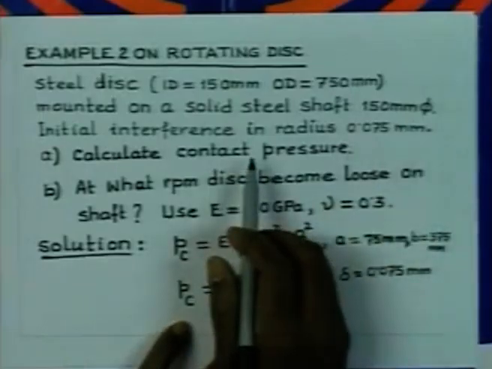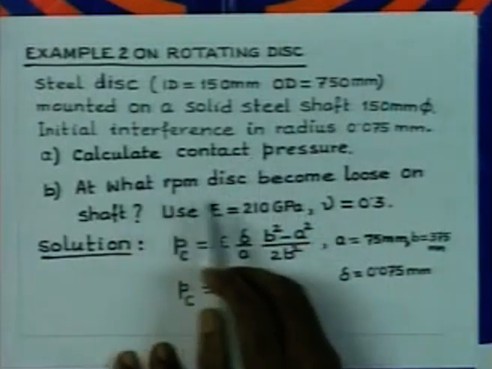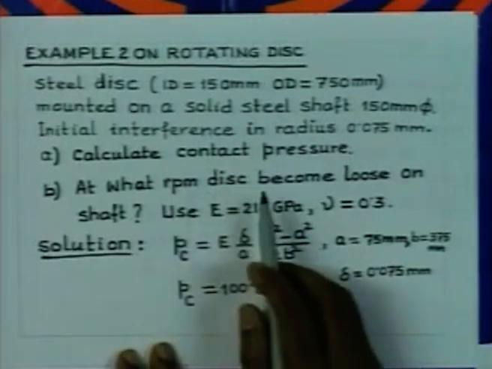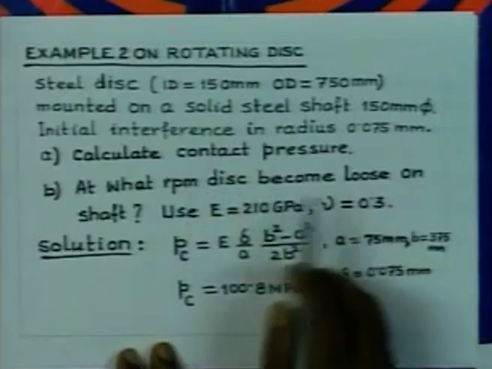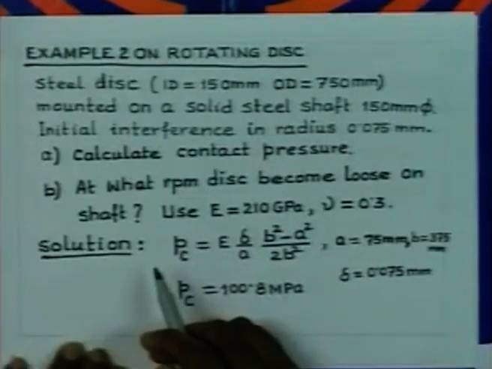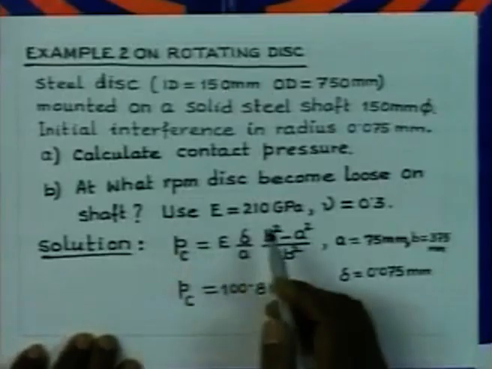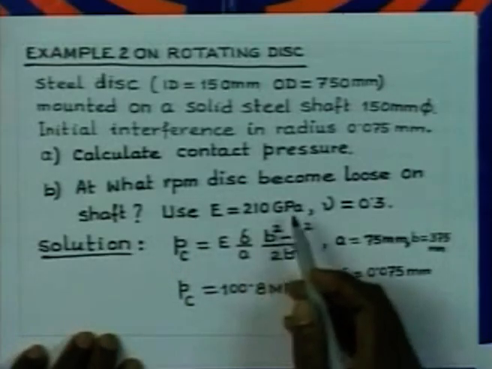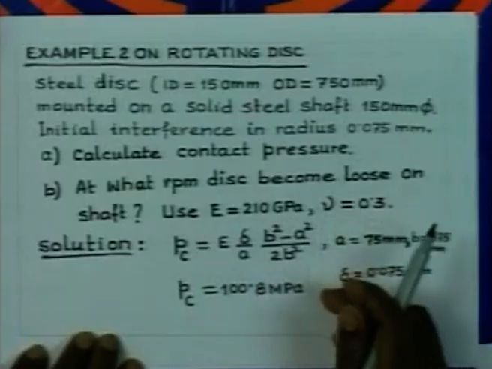Calculate the contact pressure, and it is required to find out the RPM at which the disc becomes loose on the shaft, and the values of the material properties are given as E for both the shaft and the disc as 210 GPa and nu equal to 0.3.